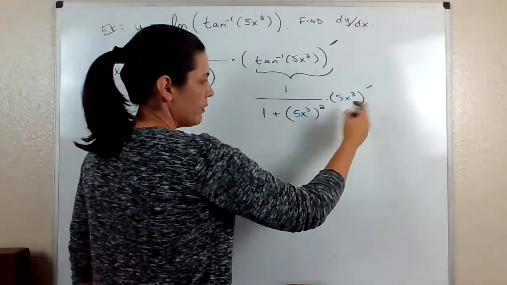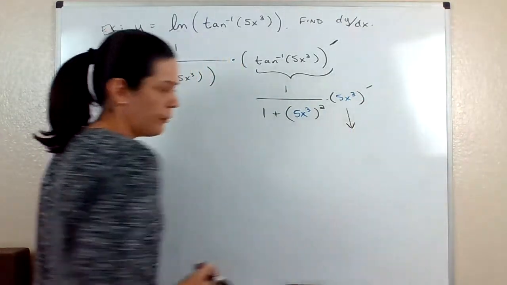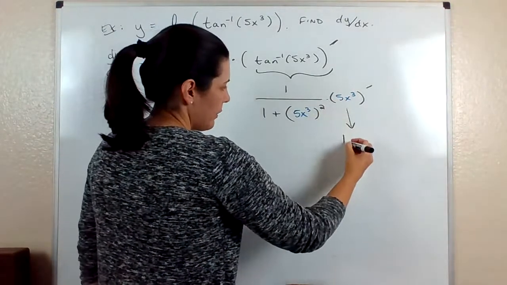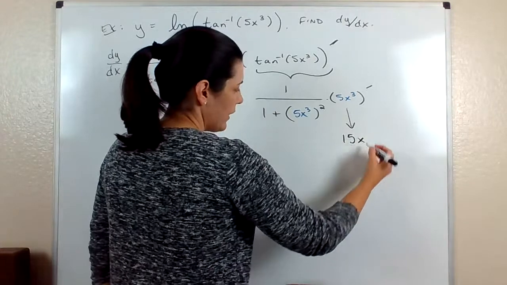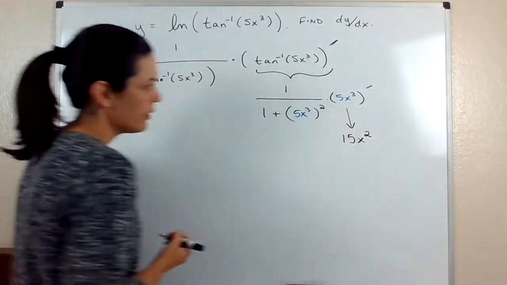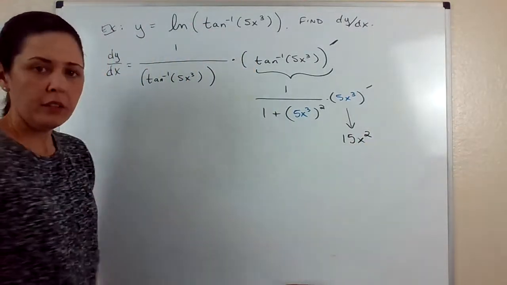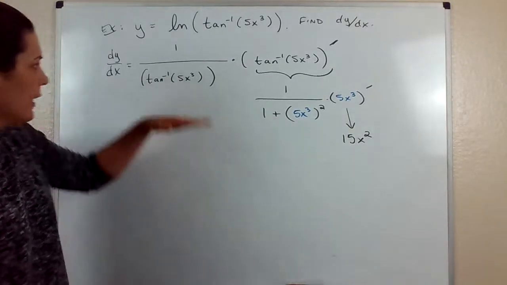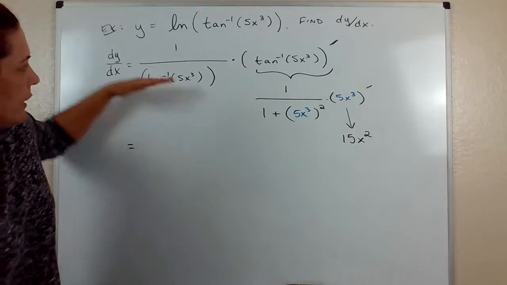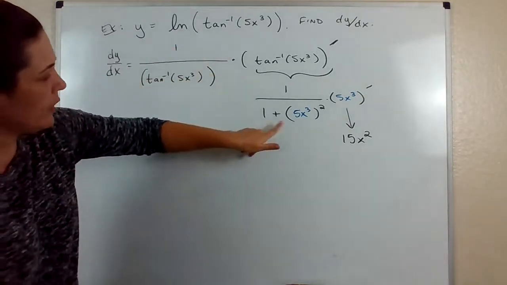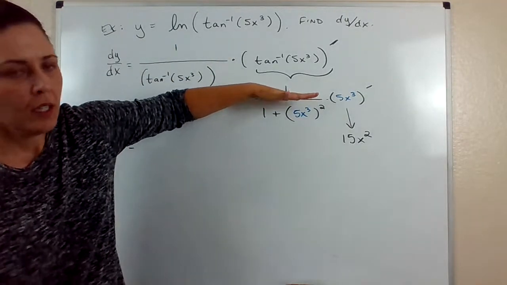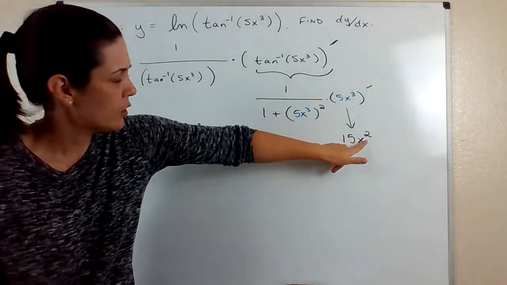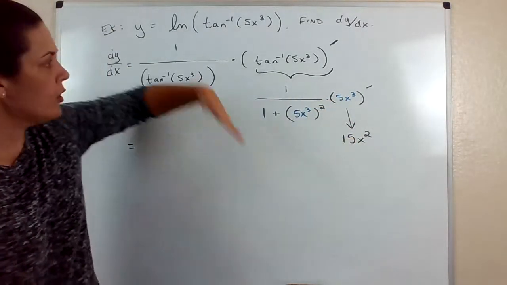Right here, we still need to differentiate this factor. Using your power rule, just bring down the 3, so that's going to be 15x, and then subtract 1, squared. Put this all together, and that's your final answer. What I want you to notice is that tangent inverse right here is in the denominator. This quantity here is also in the denominator. But when we multiply by this derivative, the 15x squared is the only thing really in the numerator.